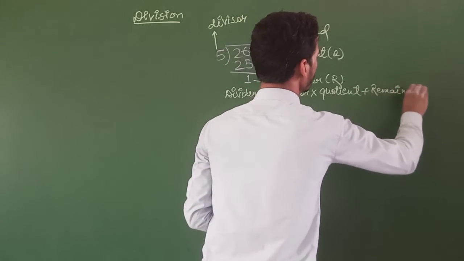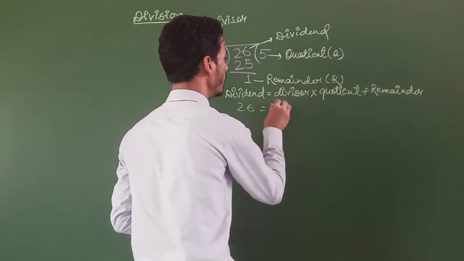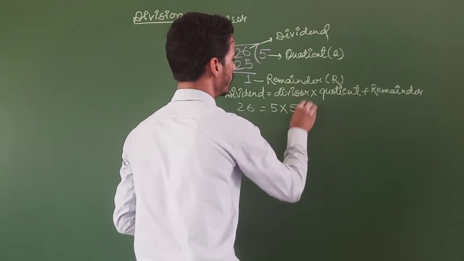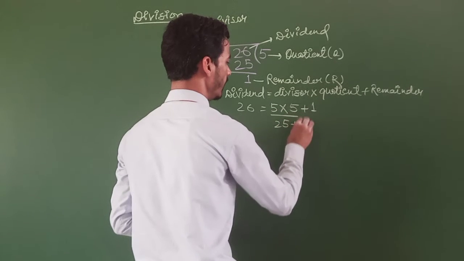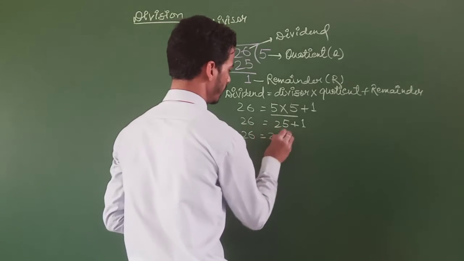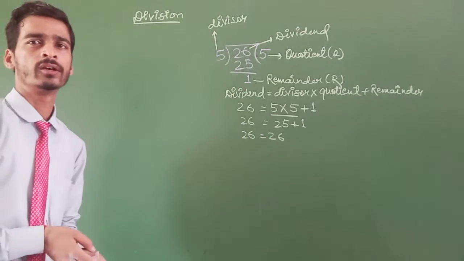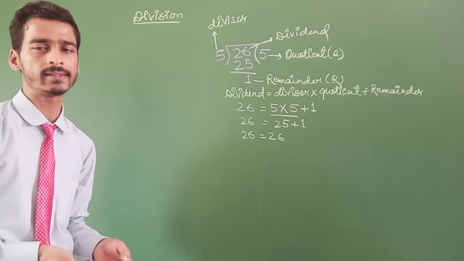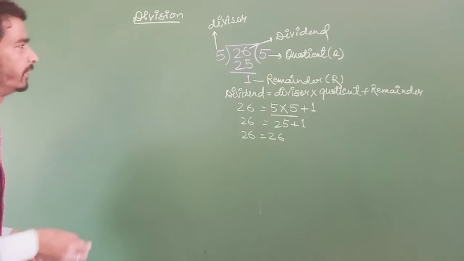So the dividend is 26, and the divisor 5 multiplied by 5 plus 1. 5 5s are 25 plus 1, that is 26. Both are equal, so we can say that our division is right.